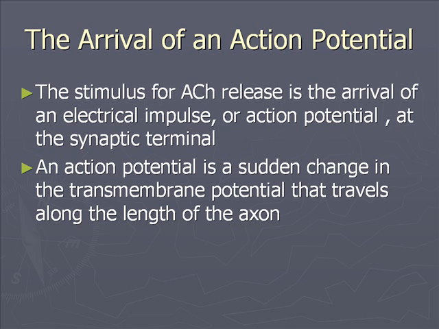So the stimulus for acetylcholine release is the arrival of an electrical impulse or an action potential at the synaptic terminal. Synaptic terminal is the very end of the nerve. The action potential causes a sudden change in what's referred to as a transmembrane potential.